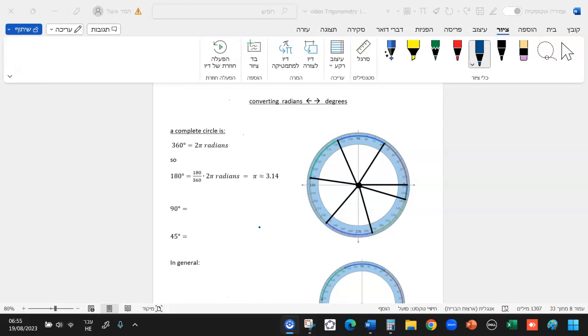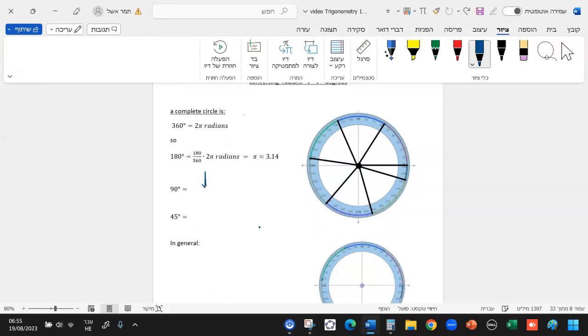From here we can derive other values. 180 degrees is half a circle, because 180 over 360 is 1/2. And if we take this proportion from 2 pi radians, we get pi. So 180 degrees is equal to pi radians.